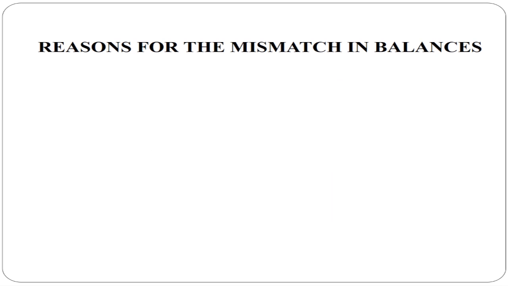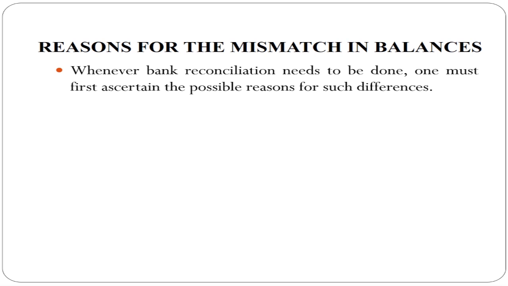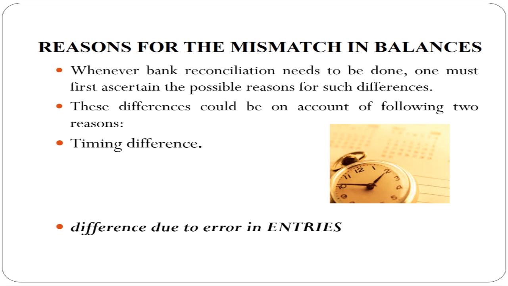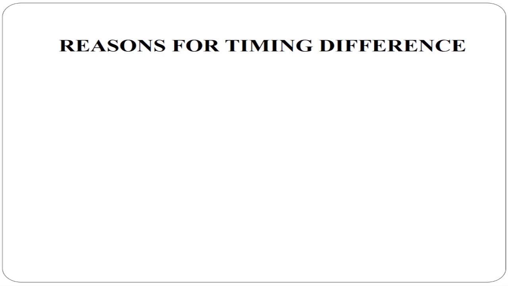Now, we will be discussing some reasons for the mismatch in balances. Whenever bank reconciliation needs to be done, one must ascertain the possible reasons for such differences. These differences could be on account of the following two reasons. First one is timing difference. Second one is differences due to error in recording the entries. Now, what are the reasons for timing difference?